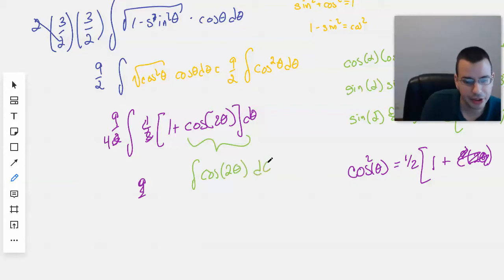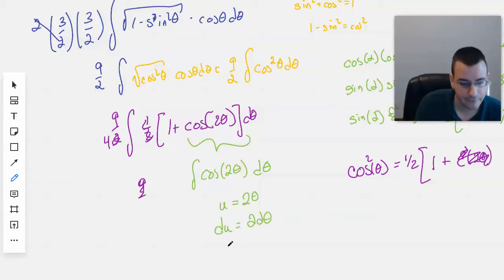Now, I'm pretty sure that it's just sine of 2 theta over 2, but I'm not that sure, so I'm going to do it more methodically using substitution. 1/2 du equals d theta. Okay.